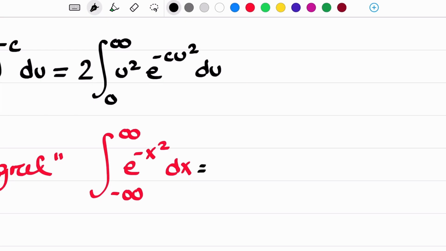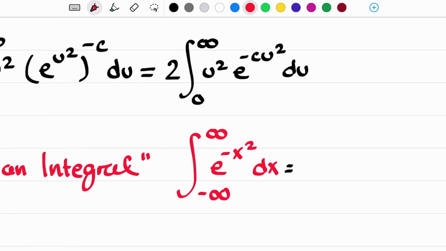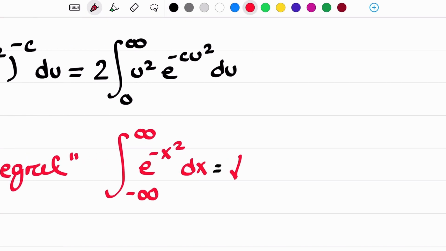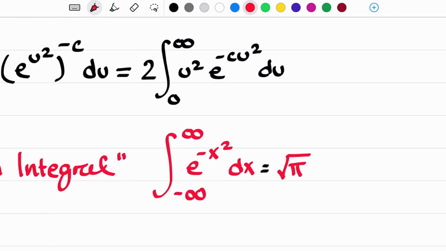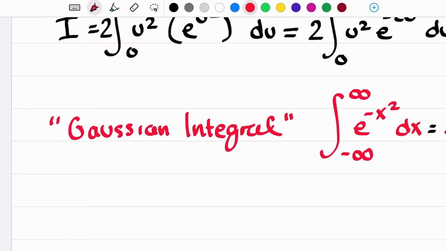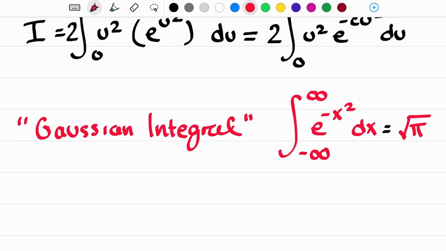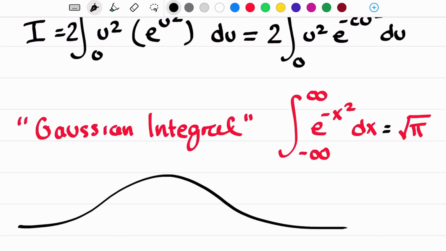Now, the shocking thing about this integral is that its result is just the square root of pi, which just looks like it comes out of left field here. I mean, we have some exponential that we're integrating and we're getting pi out of it. But this integral is actually far more important than I might be giving it credit for right now. So I'm going to draw out e to the negative x squared.